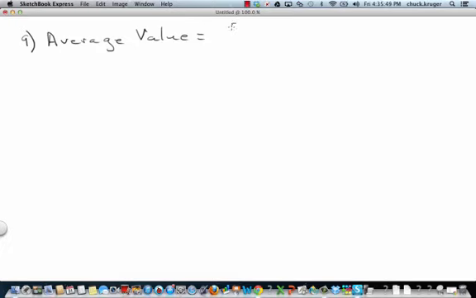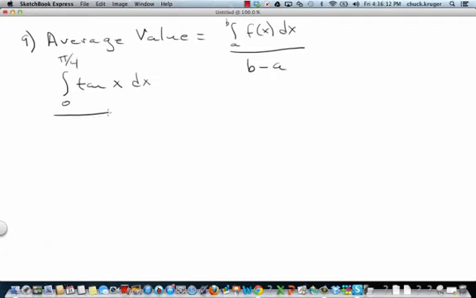It's equal to integrating a to b of f of x dx divided by b minus a. So in this case, I'm going to be integrating the tangent of x dx from 0 to pi over 4 divided by pi over 4 minus 0.